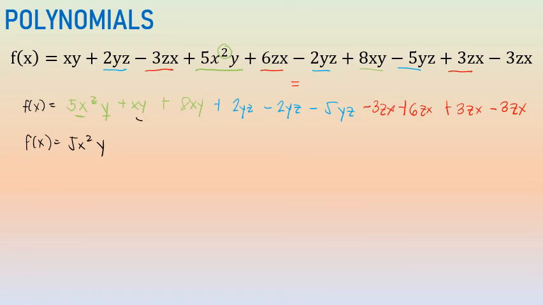Ito, xy, this term xy, and then itong pangatlo, 8xy, they are like terms. Since pareho sila ng base and exponent, their exponent is, again, positive 1. Okay? So, kapag wala kayong nakita, pero may base lang, ibig sabihin nun may exponent siya na 1. Understood na po yun, class. Okay?